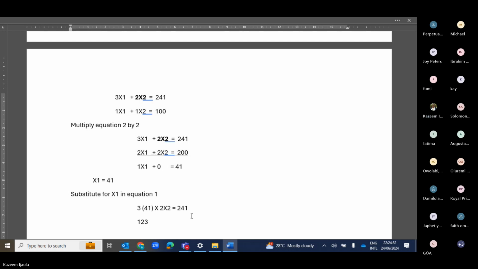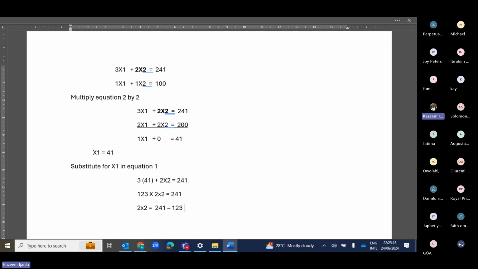So 2x2 is equal to 241 minus 123, which is 118.